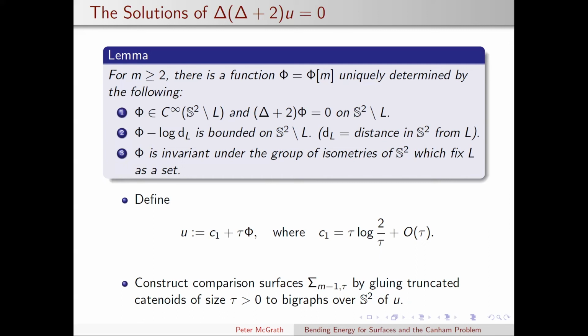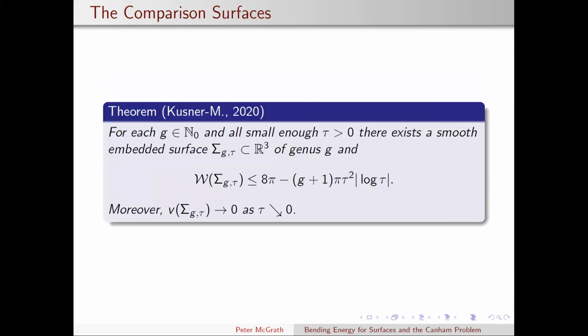So do I get energy strictly less than 8 pi? Of course, since I'm standing here, the answer is yes. So we work hard, we do all of the estimates, and we show more or less explicitly that we can get 8 pi minus something positive. And the something positive depends on the genus, and then the size of these bridges we add. The bridges are going to be very, very small. So tau is a small positive number here.